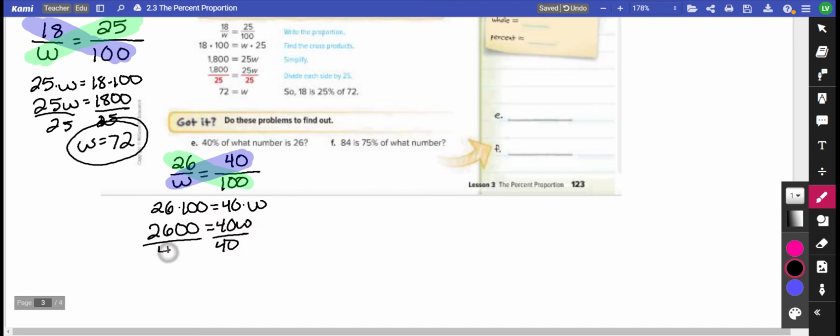I'm going to divide both sides by 40. 2600 divided by 40 gives me 65. So my whole number is 65.